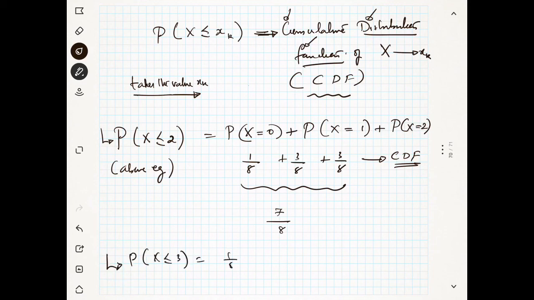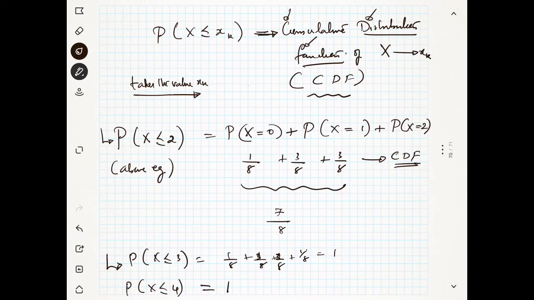It is nothing but 1 by 8 plus 3 by 8 plus 3 by 8 plus 1 by 8, which is 1. Then what is the probability that x is less than or equal to 4? It is again 1. Why? Because the value is not increasing, because there is no element after 3.